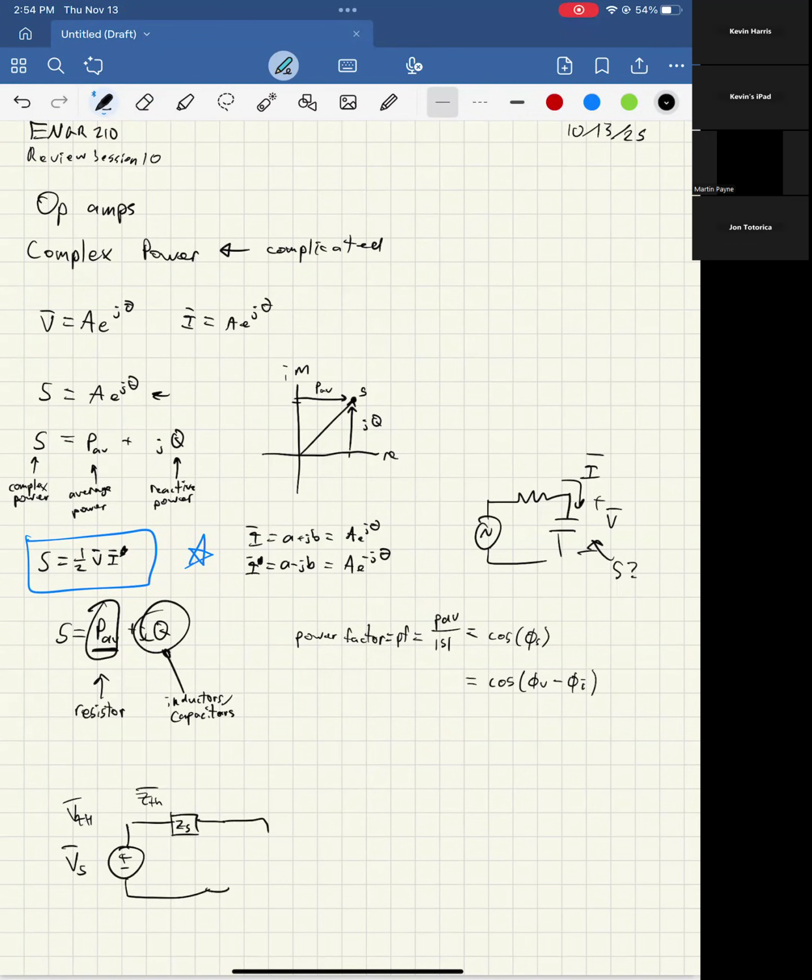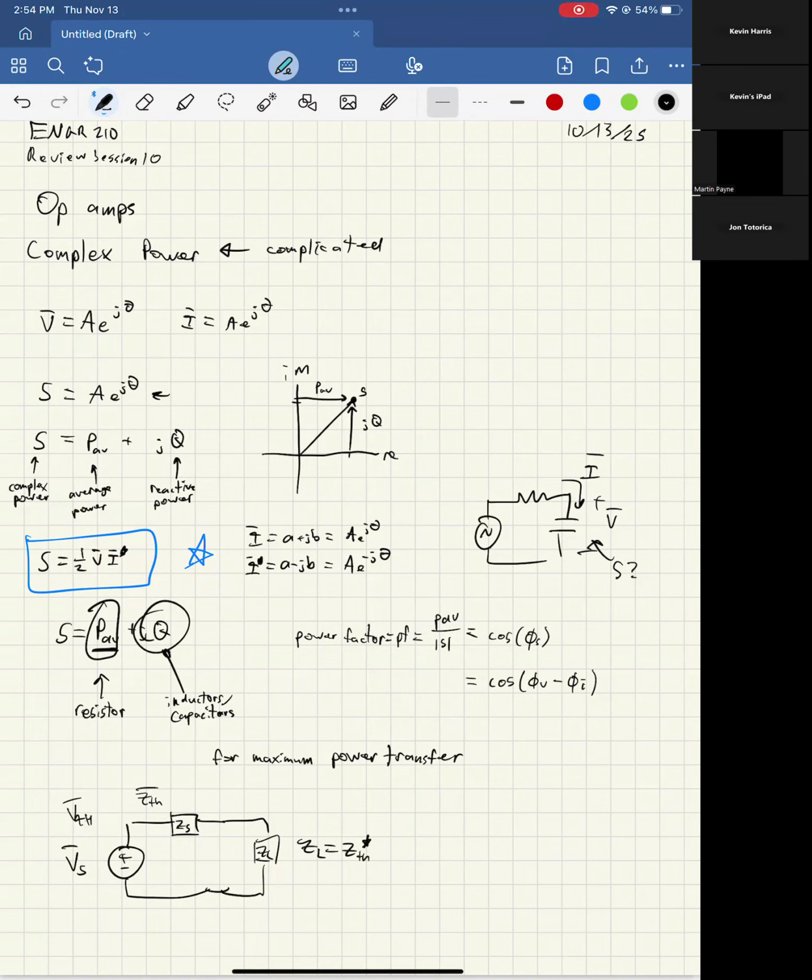If we want to attach a load, a ZL, and have it dissipate the most average power, so for maximum power transfer, ZL should be equal to the conjugate of ZS, or ZTH, I'll say.